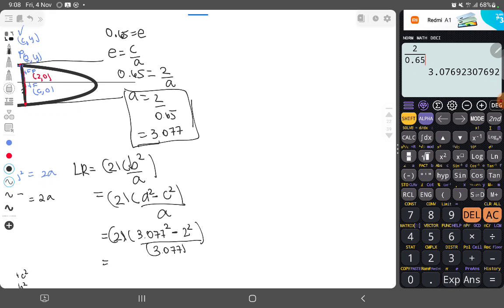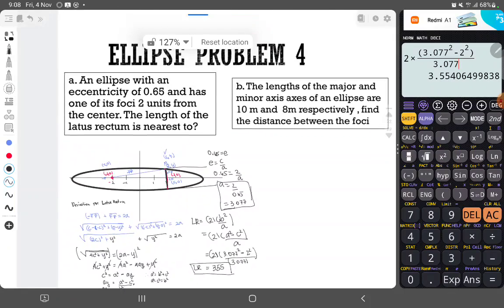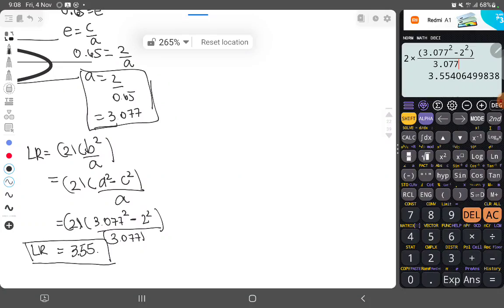So we have an answer for our latus rectum, such as 2 multiplied by 3.077 square minus 2 square divided by 3.077. We have an answer equal to 3.55 for our latus rectum. That is 3.55 units.